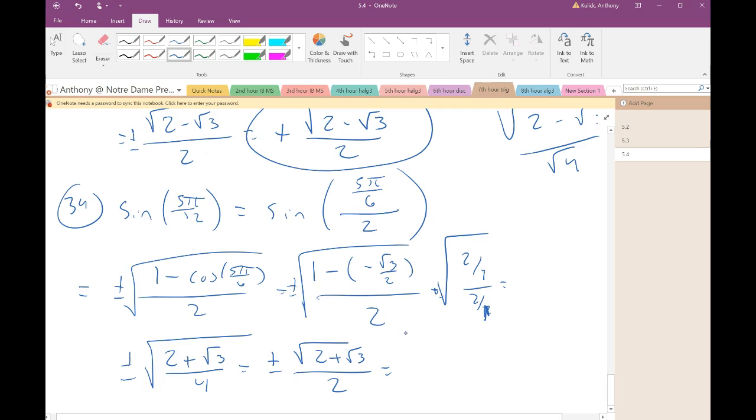Since we're doing sine of 5 pi over 6, what quadrant is that in? It's in Q1. 5 pi over 12, you have to look at the original. That's in the first quadrant, so it is positive.